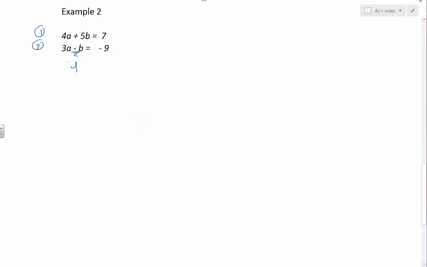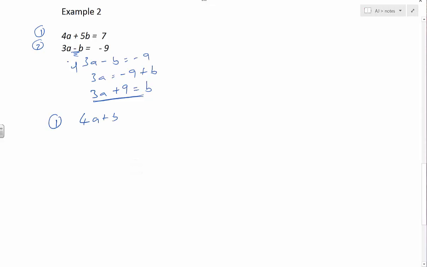If 3a minus b equals negative 9, then 3a equals negative 9 plus b, or in other words, 3a plus 9 equals b. b is the same as 3a plus 9. That is the same condition as equation 2 started off with, it's just written a different way. So b equals 3a plus 9. So now let's put that in equation 1.